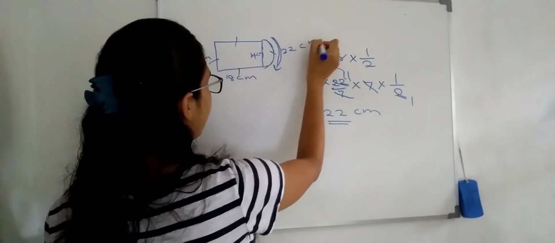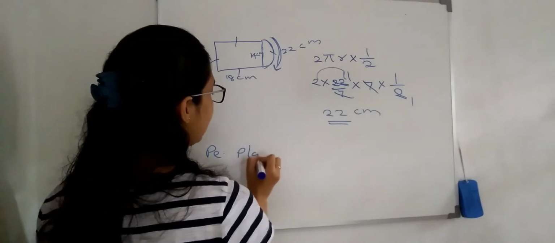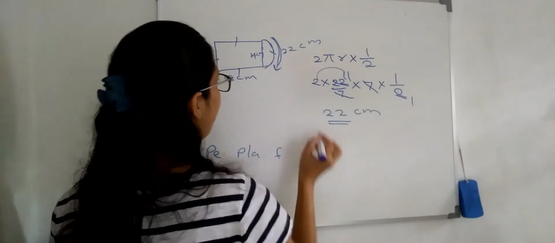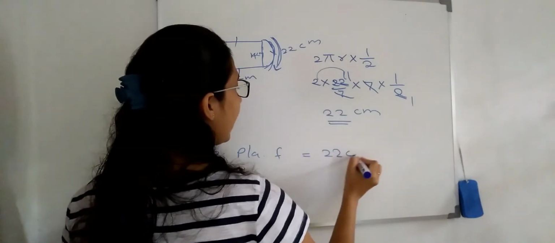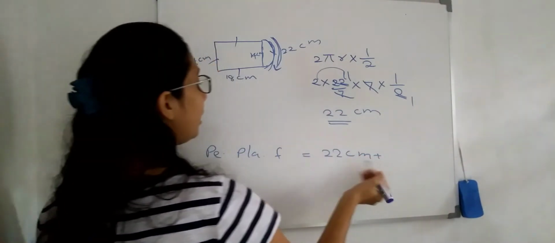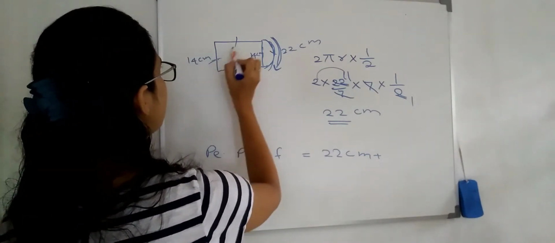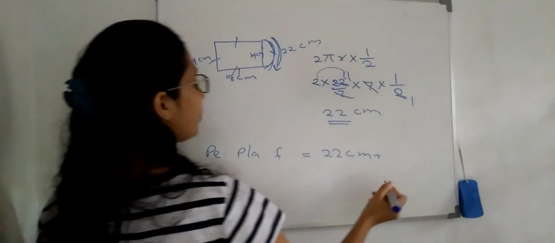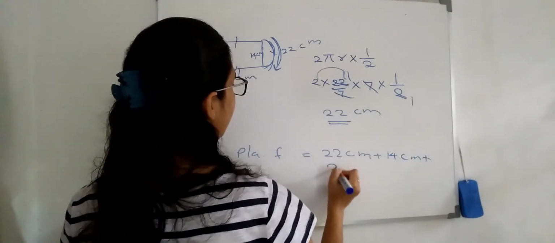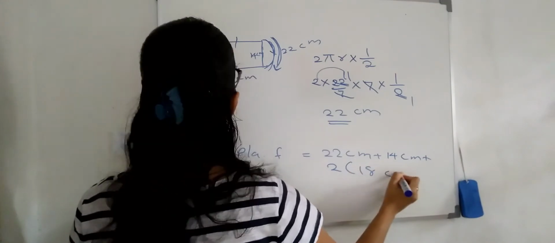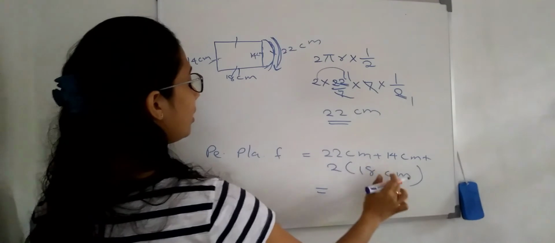22 centimeters. Now we want to find the perimeter of the plane figure. So now we know the value of this arc is 22 centimeters. Now we should add to this value the sum of the values of these three sides, right? 14 centimeters plus the others.